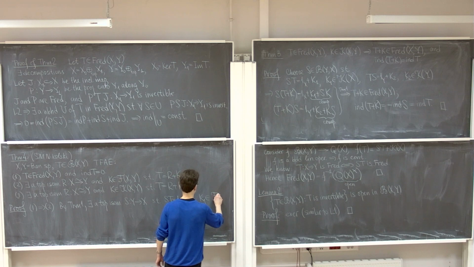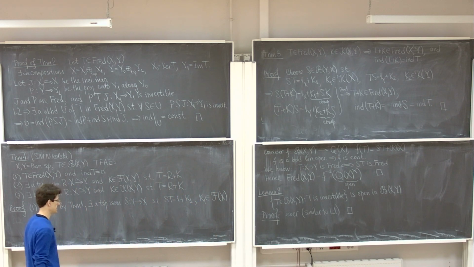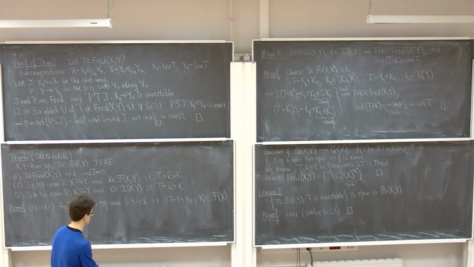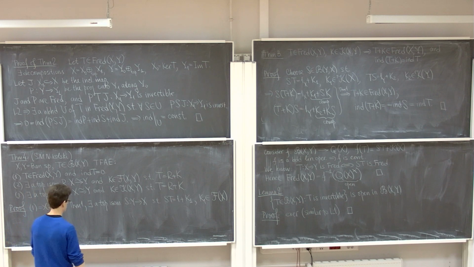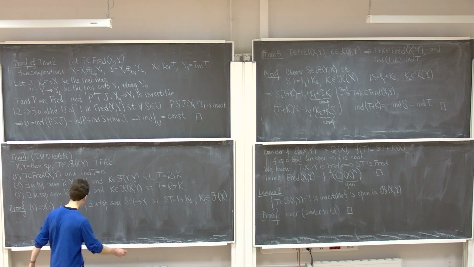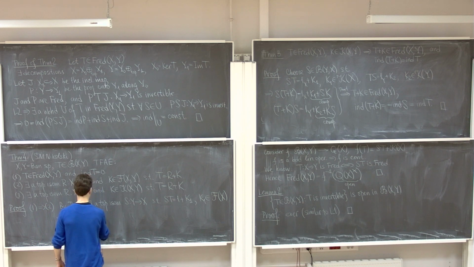K1 is a finite rank operator on X. At this point, it's not essential for us that K1 is a projection. It's essential only that it is a finite rank bounded operator. Let's now just multiply this equality by S inverse on the left. So this implies that T equals S inverse plus S inverse K1.